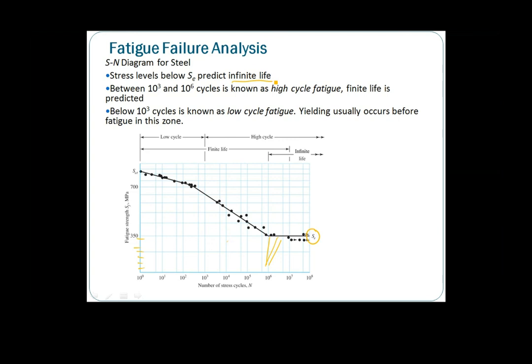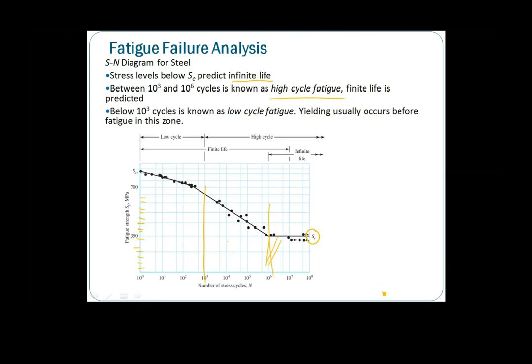If your stress is in between 10 to the power of 3 and 10 to the power of 6 cycles, around this region, so if your stress happens here, then we are saying that you have high cycle fatigue.